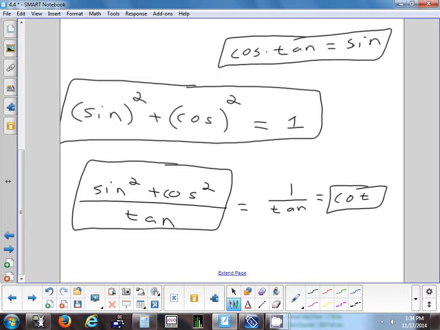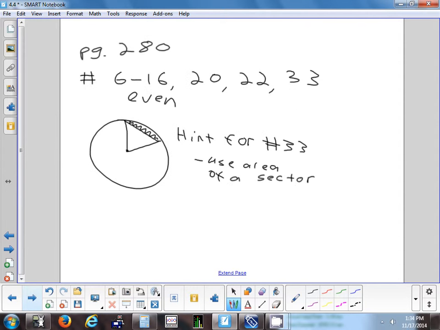Okay. All right, so the homework tonight, I'm just going to stick with the area of a triangle. We're not going to do any of the identities in tonight's homework. Okay, so the homework will be on page 280. 6 to 16 even, 20, 22, and 33.